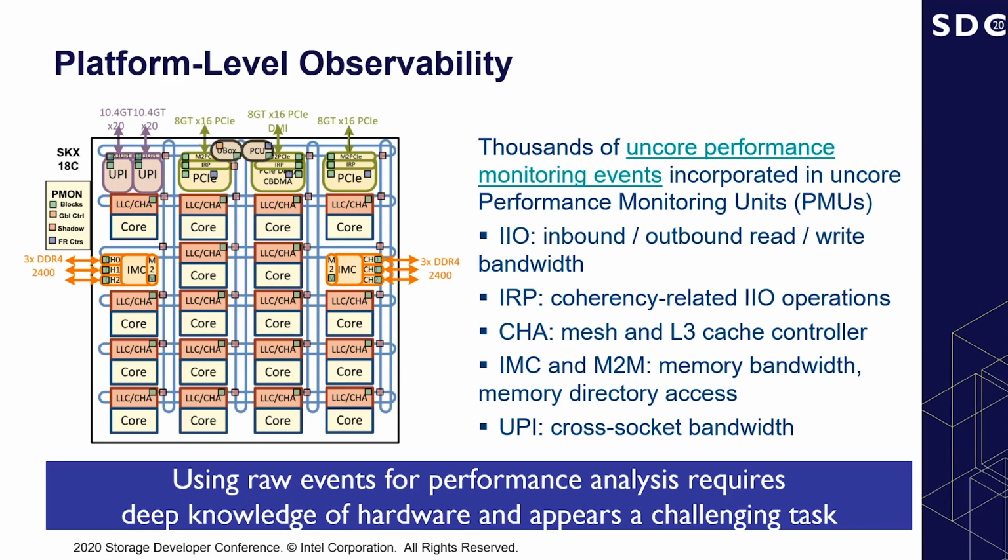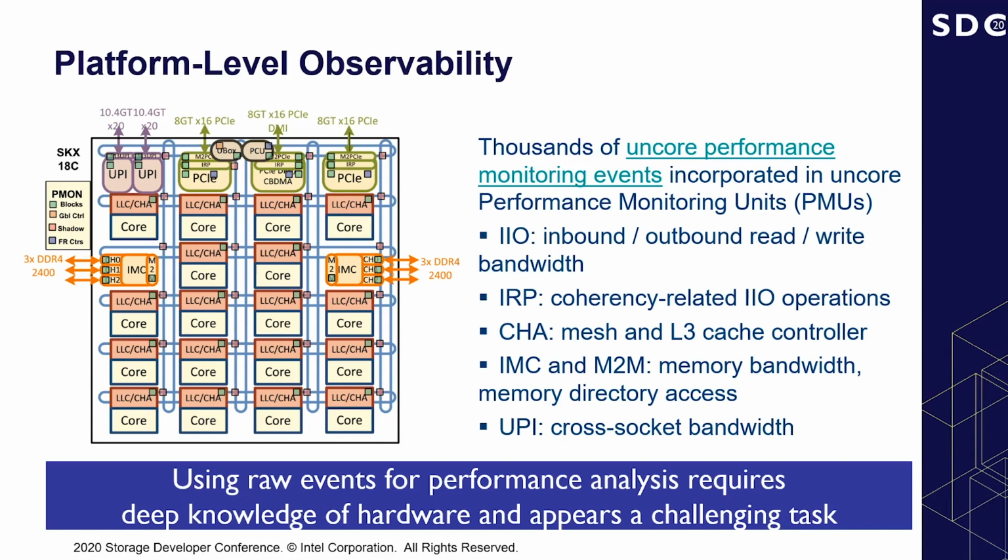PMUs are assigned to uncore IP blocks and track lots of activities happening in the uncore. A full description of available PMU types, counters, events, and programming is provided through dedicated uncore performance monitoring guides. The activities induced by DDIO and MMIO transactions can be monitored at all stages of execution in the uncore.